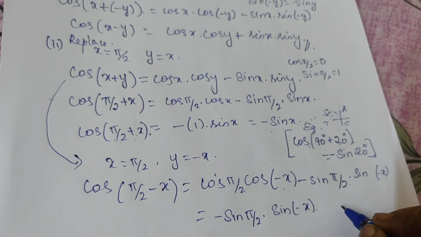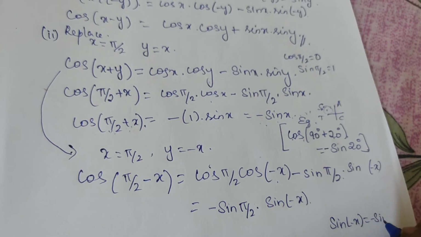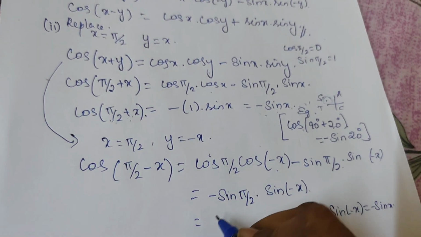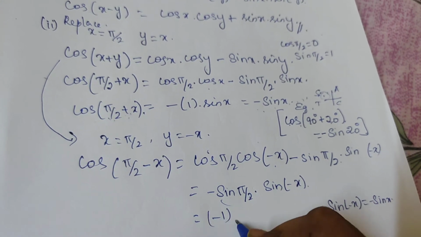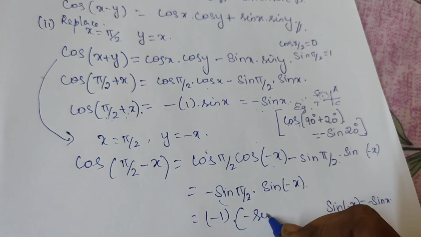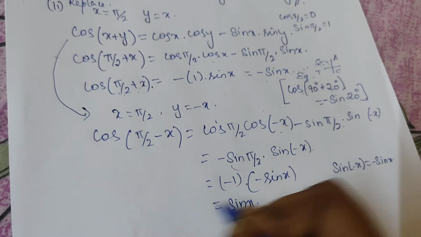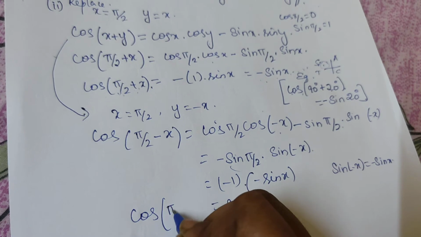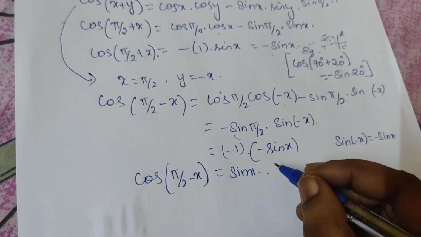Sin is an odd function, so sin minus x will be minus sin x. Sin 90 degree is 1, so minus 1 into minus sin x. So this value will be sin x. So cos of pi by 2 minus x will be sin x.